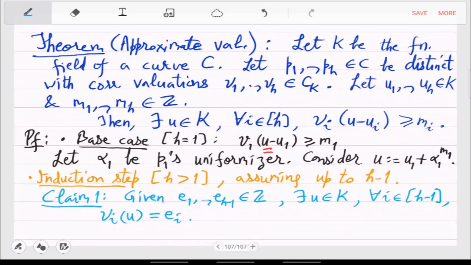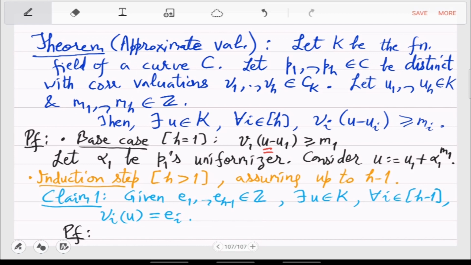That's the thing I had promised in the question, that if you are given numbers, potential valuations, then I can give you a rational function which will match them. So Vi of u is equal to Ei.